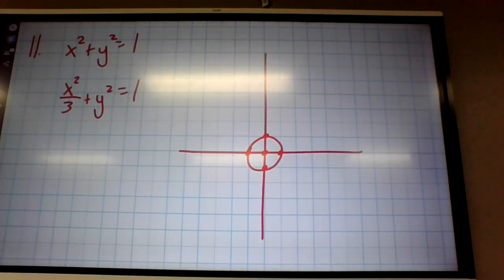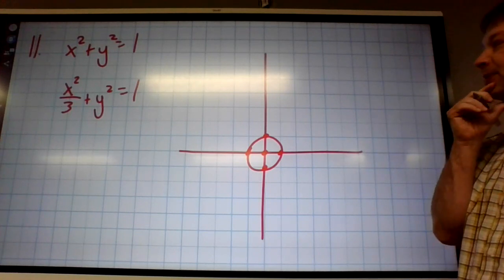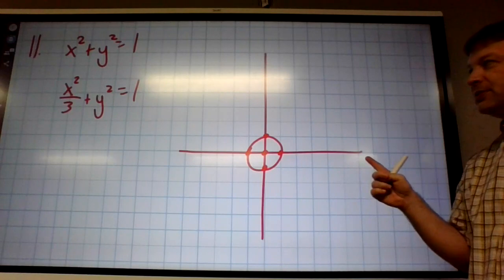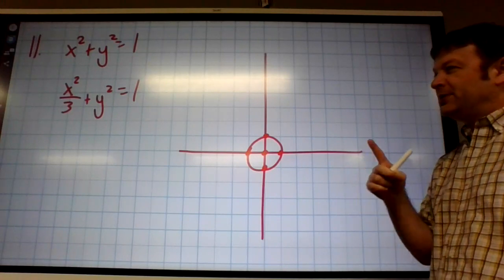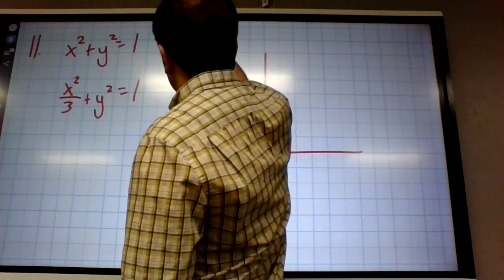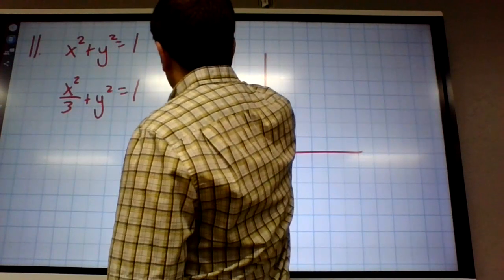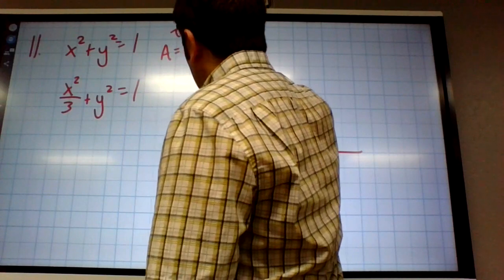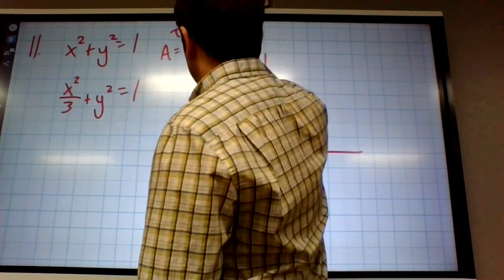How do we find the area of a circle? Pi r squared. So the radius is 1, so it's 1 squared times pi, which is just pi. So the area of the circle is pi, units squared, I guess.